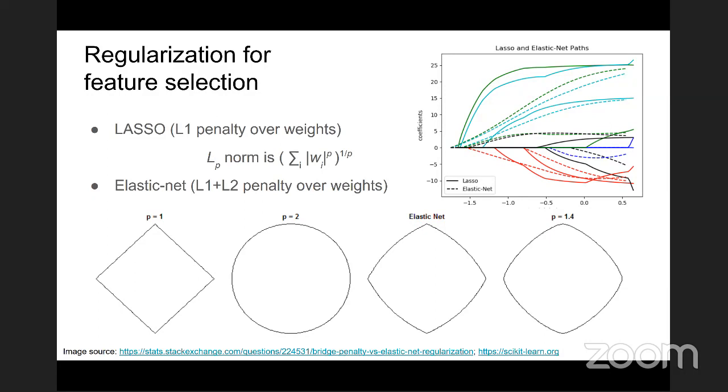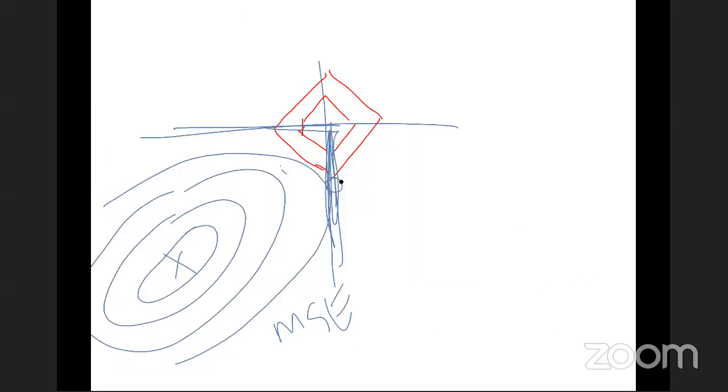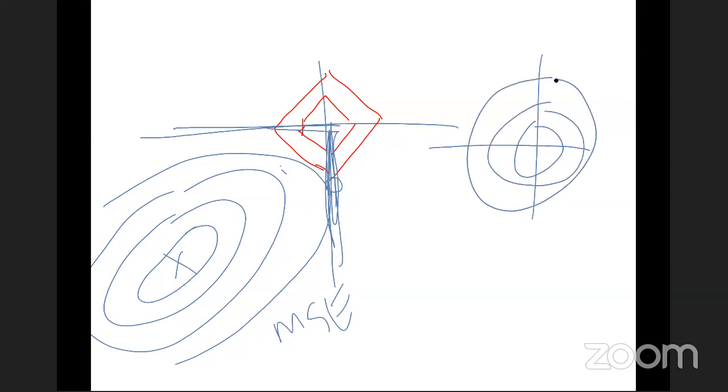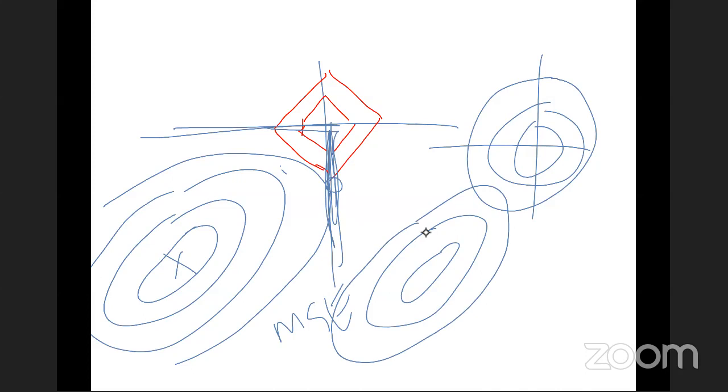And in between you have L1 and L2. L1 and L2 we already looked at. L2 does not eliminate any variables. In another figure where the L2 norm penalties were circles, and I had the MSE contours like this, you can see that at every tangent there's nothing that is zero.